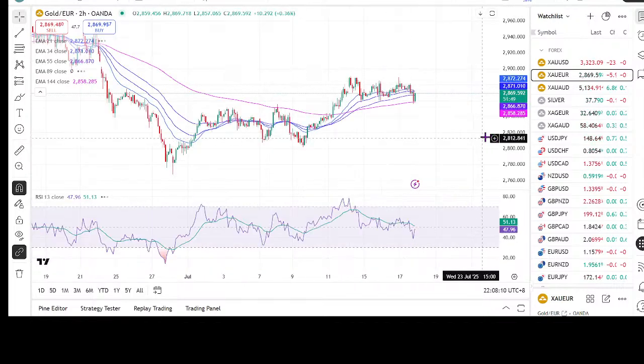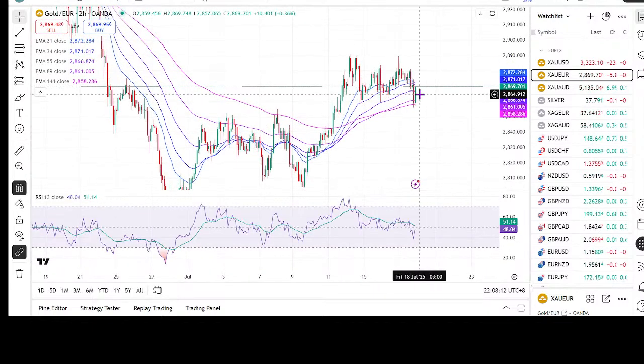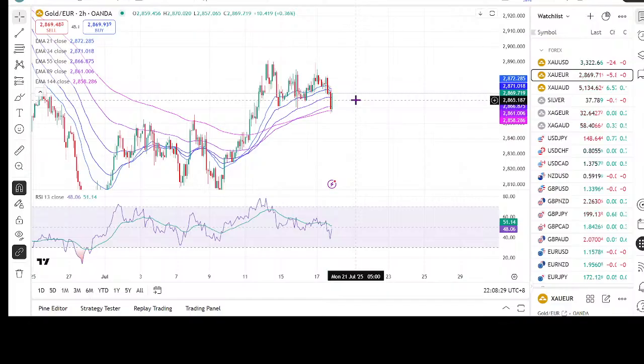If we are going for a 2 hours, then yeah, 74. So we have one more hour of strength on the gold.